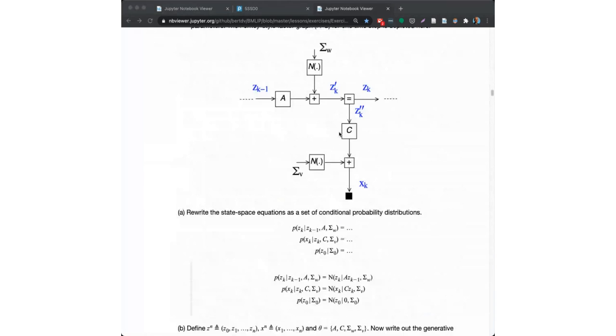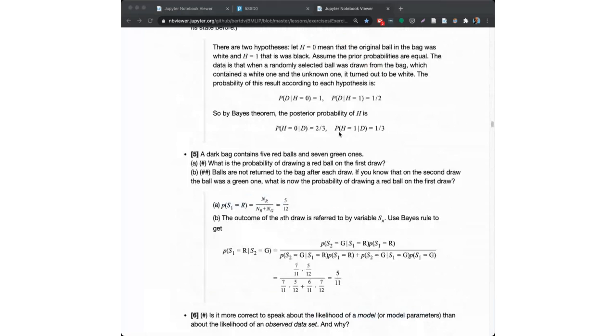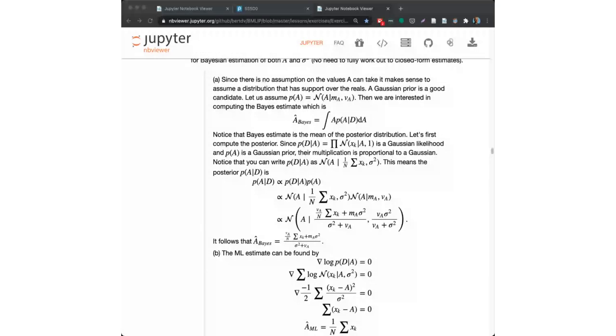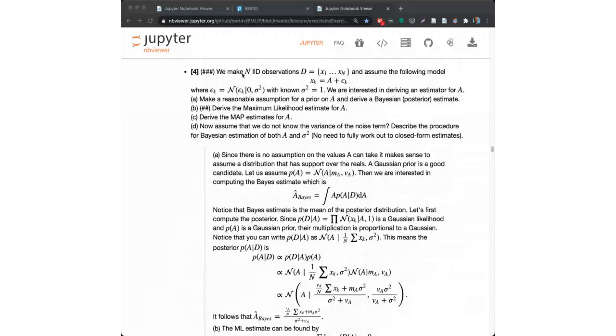Do you see the questions now? So what is exactly the problem here? The fourth question from Bayesian machine learning. This one. 4A.